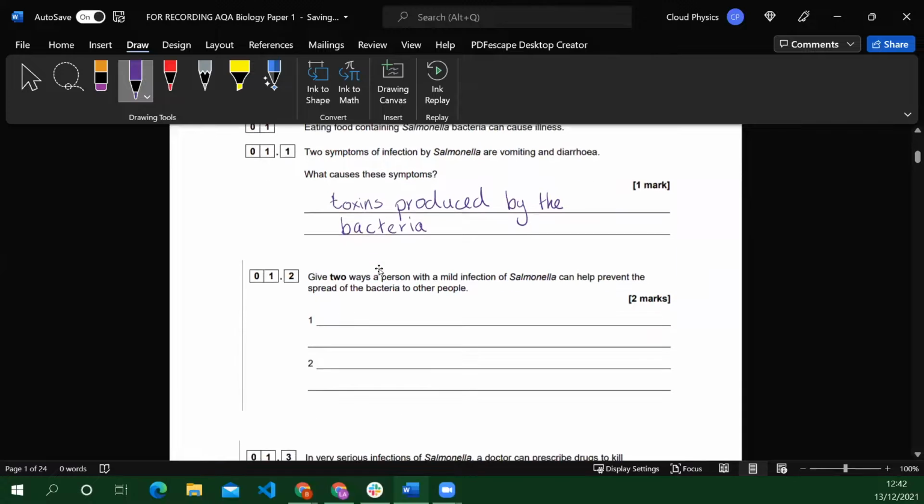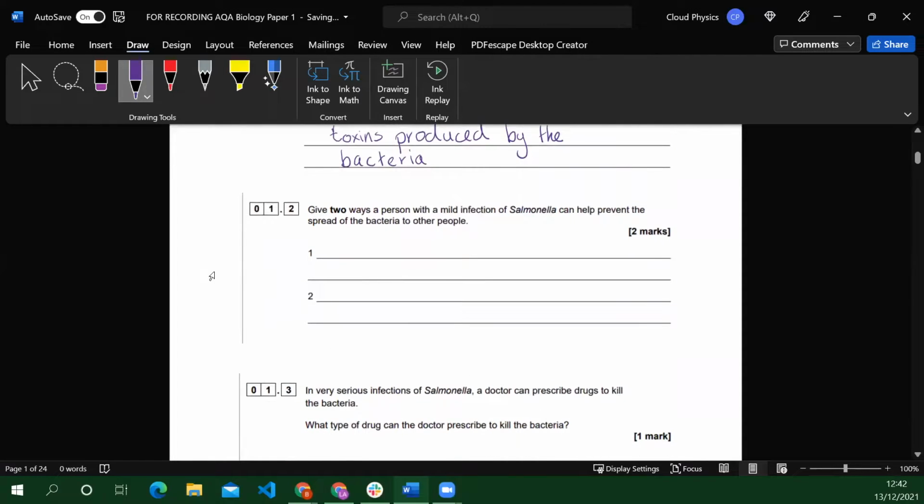Give 2 ways a person with a mild infection of salmonella can help to prevent the spread of the bacteria to other people. It's the same sort of thing as stopping a viral infection as well, but sometimes bacteria are even more infectious.